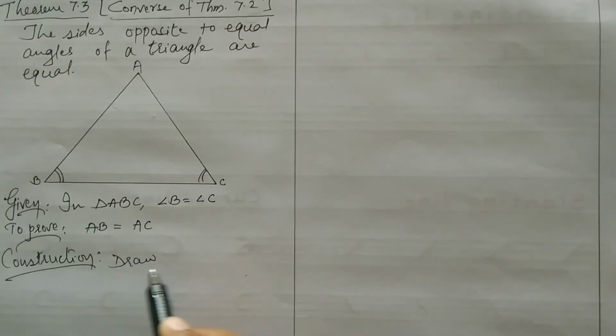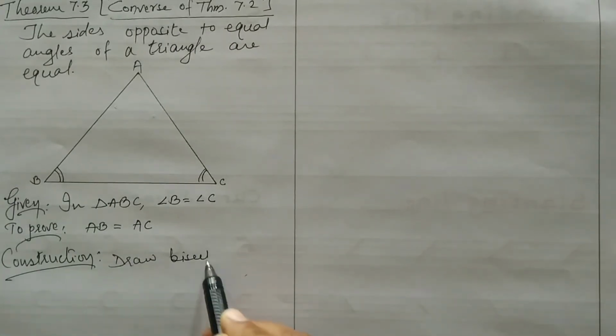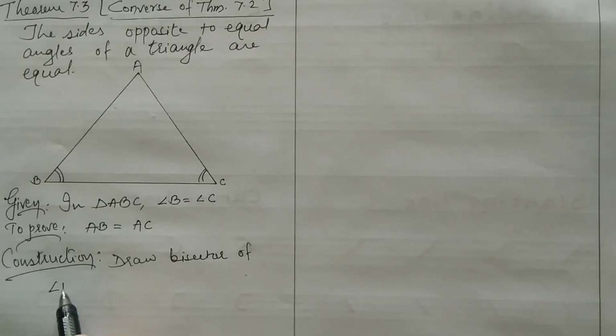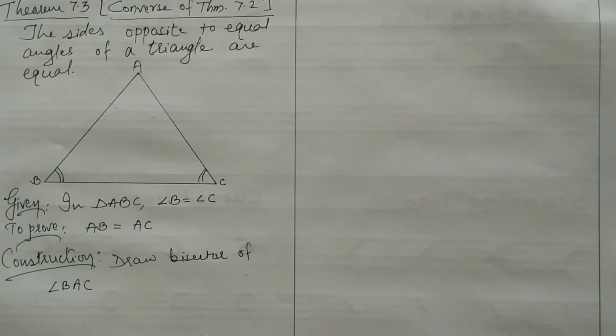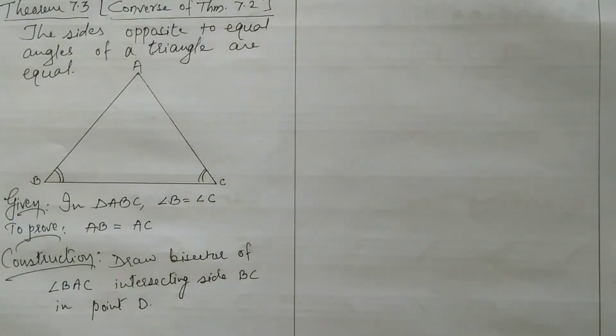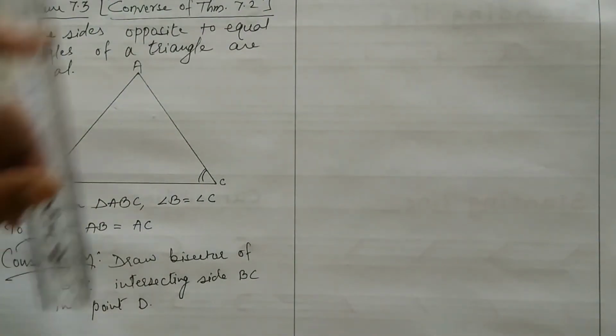Draw the bisector of angle BAC, or you can also call it angle A, intersecting side BC at point D. So we will draw that.